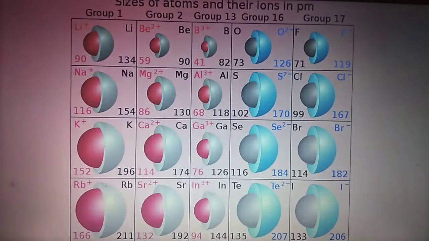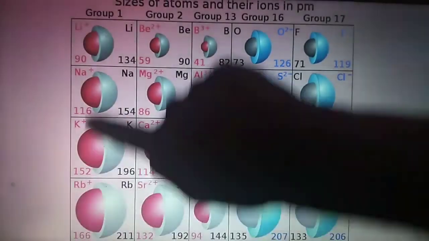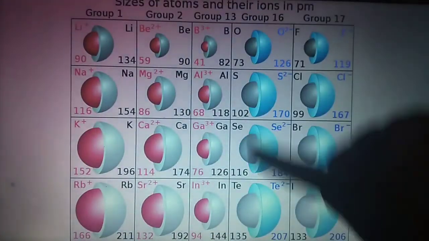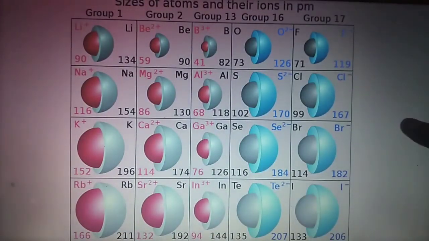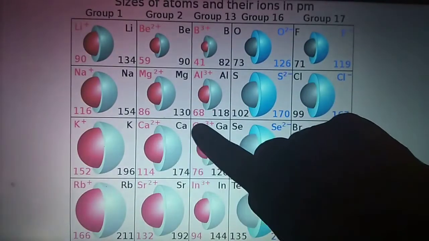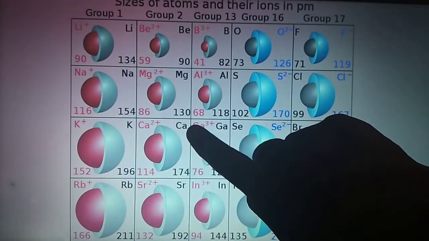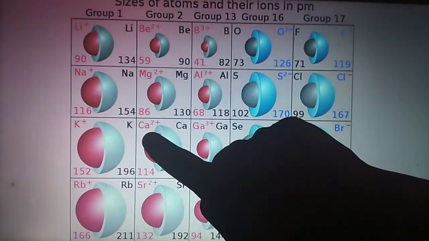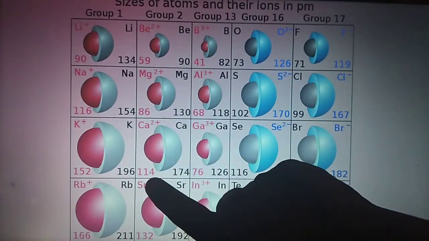Here is a partial set of some of the cations and some of the anions. Those in the red region are the cations, and those in the gray or blue region are the anions. And we can observe very simply that in the case of calcium, for example, the size is 174, and when it becomes a cation the size becomes 114.